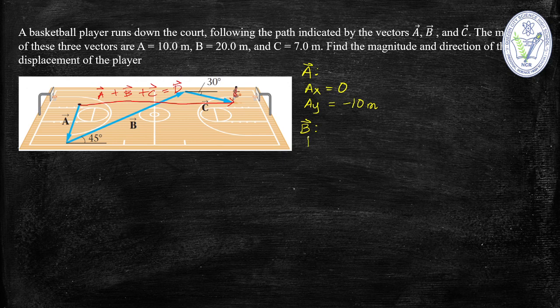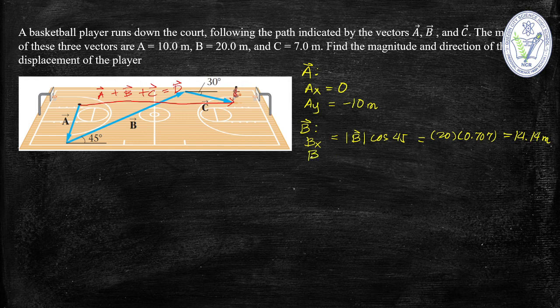So Bx, or the x component, would be the magnitude of B cosine 45, and that would give us 20 multiplied by 0.707, and that would give us a value of 14.14 meters.